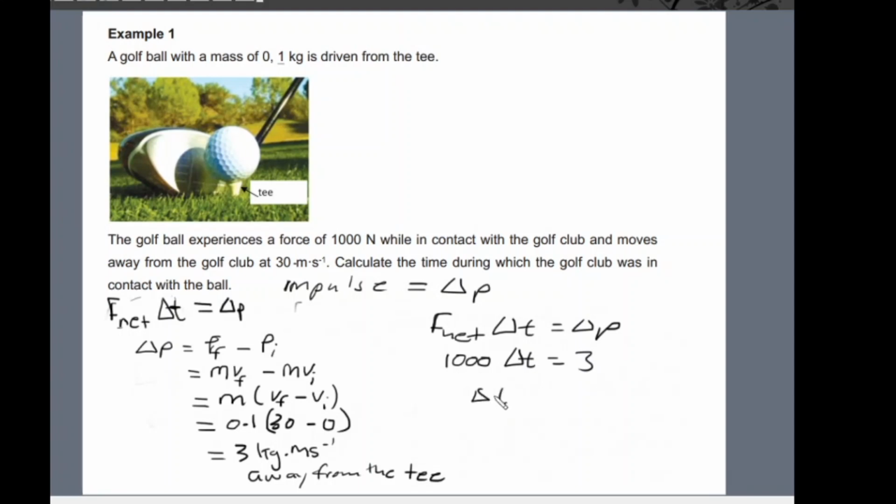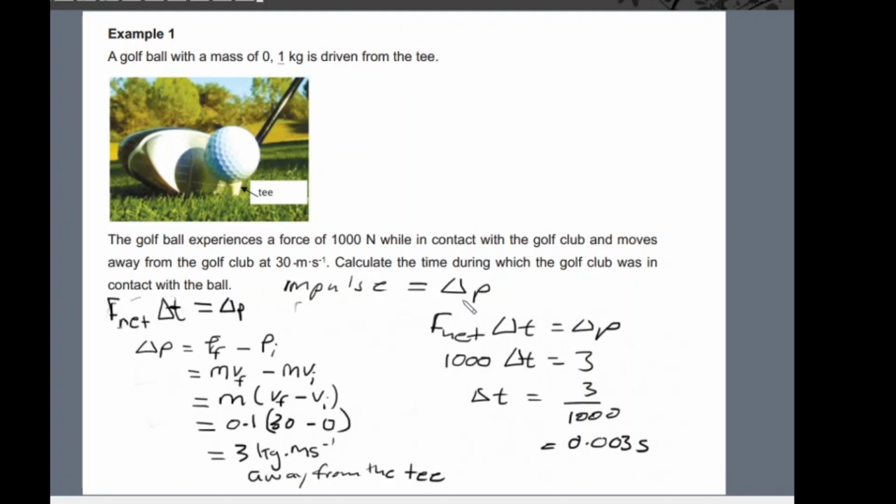So delta t is equal to 3 over 1000. So the time the golf club is in contact with the ball is 0.003 seconds.